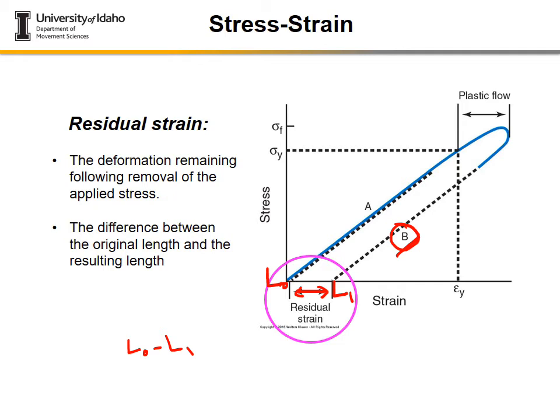Now it's important to note that the new resting length could either be longer or shorter, depending on whether it's a tension or a compression force, right? So if I'm pulling on a spring, at some point I can pull the spring and the spring will not recoil back to its original length. Same with compression. If I compress, think about a slinky or any kind of spring. So it could be longer than its original resting length. So this could be a positive or negative number depending on where you're at.